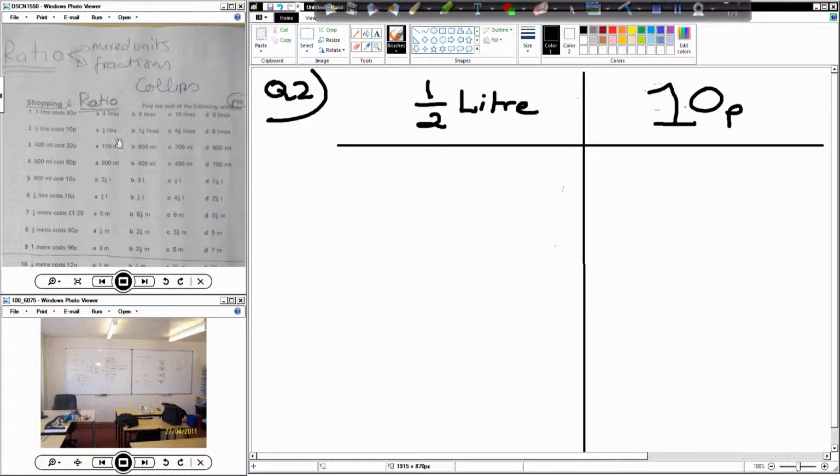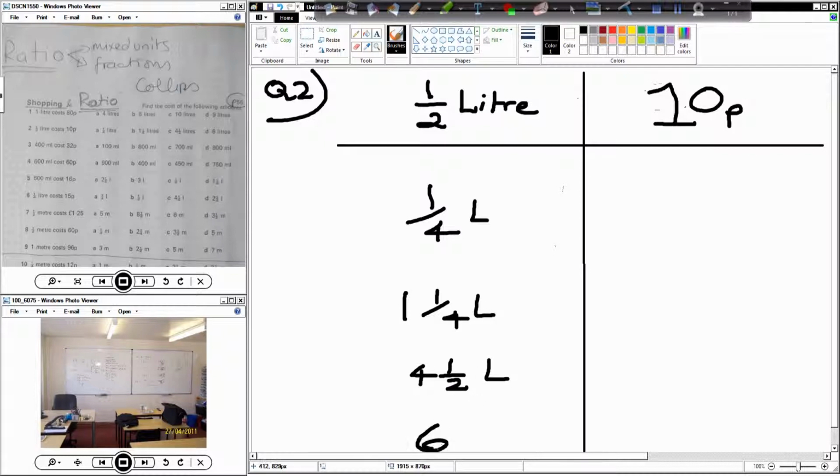Question number 2. This one here, where the hand is. So now we need to work out the cost of, from half a litre, we're going to go to a quarter of a litre. And then we're going to work out the cost of 1 and a quarter litre. And then we're going to work out the cost of 4.5 litres.